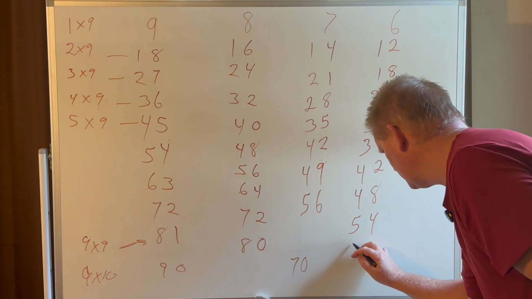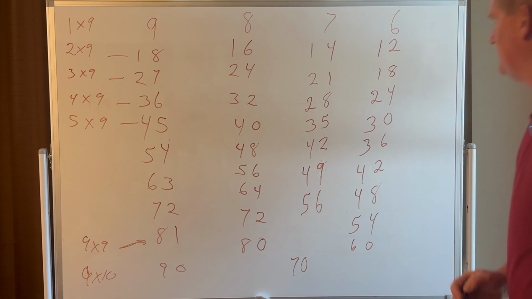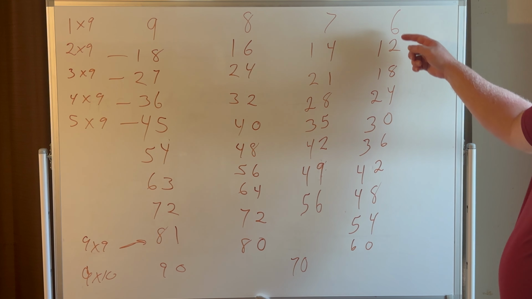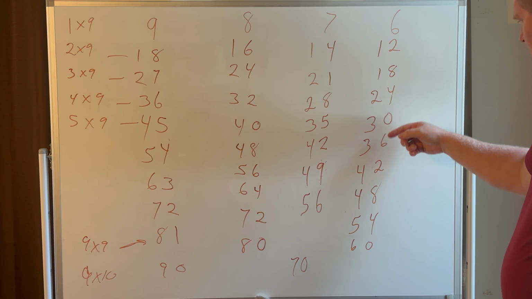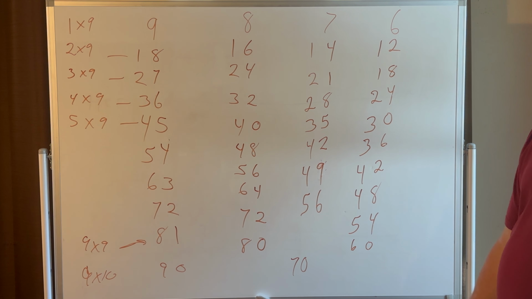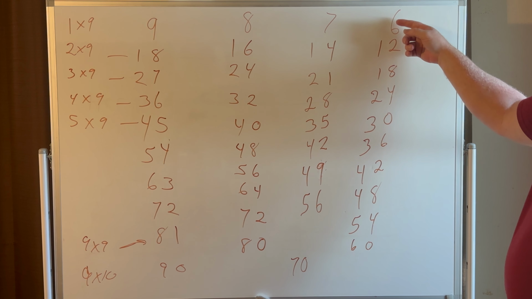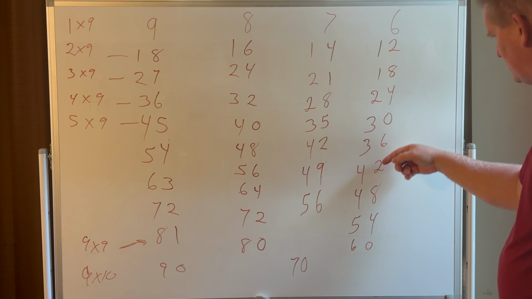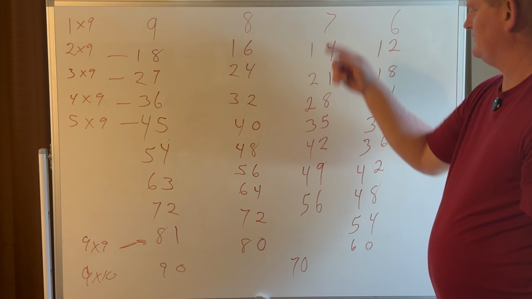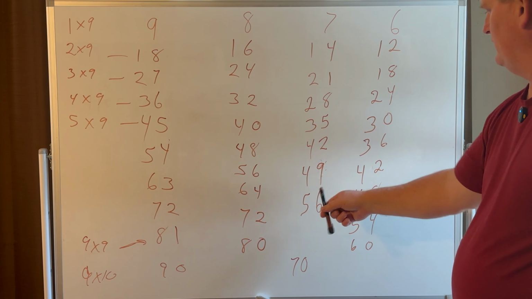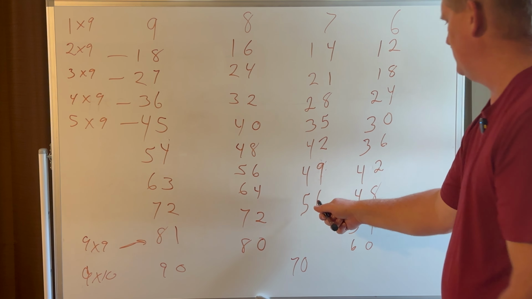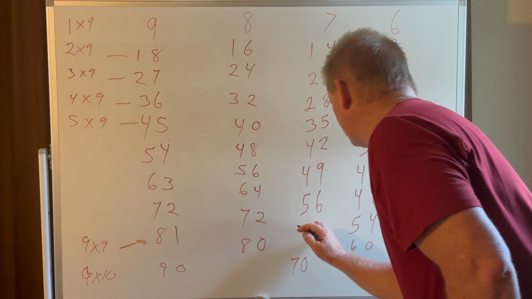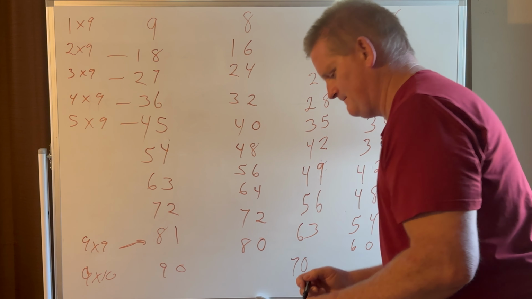We can subtract 4, so that gives us 60. 6 times 1 is 6. 6 times 2, 3, 4, 5, 6, 7, 8, 9, and 10. We're at 56 there. Right? We got to drop 3, so that would give us 63.